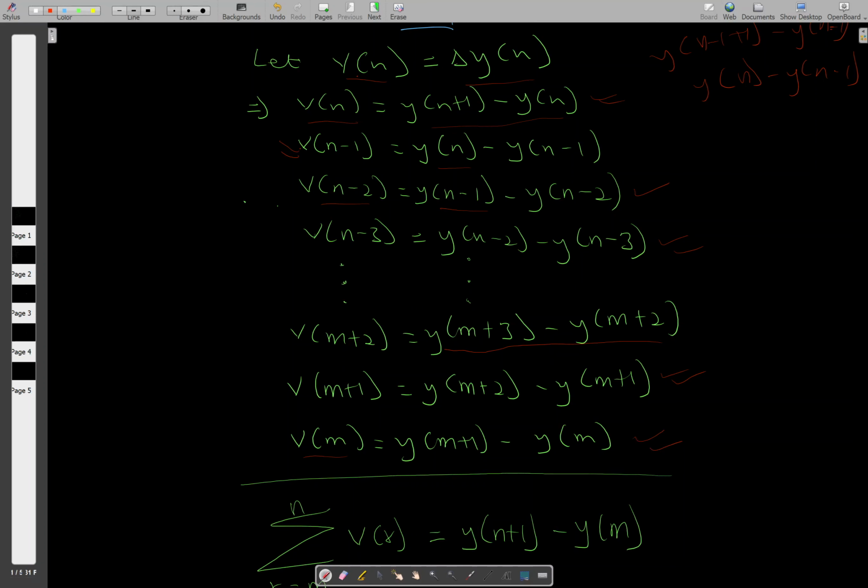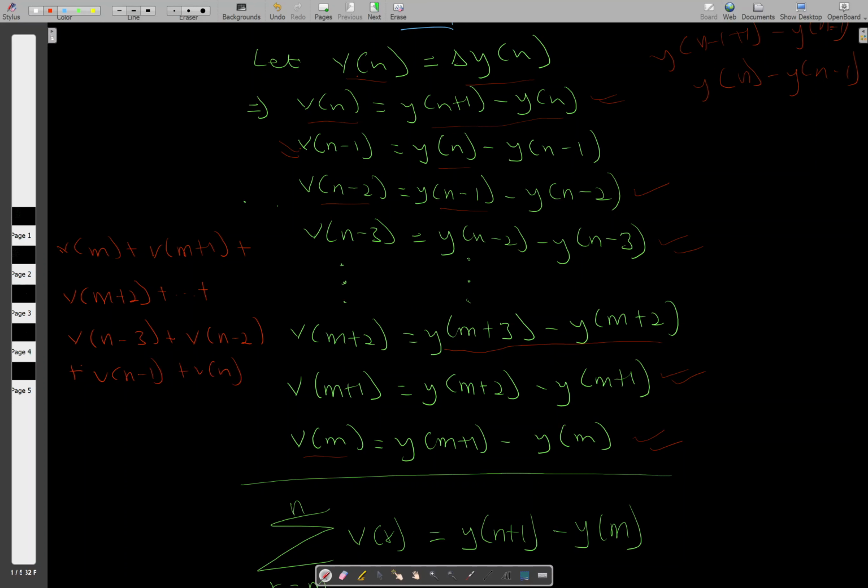Okay, so now let's try to simplify it. So we find the sum on both sides of the equal sign. Okay, so the sum is given by v of m, plus v of m plus 1 plus v of m plus 2, up to v of n minus 3 plus v of n minus 2 plus v of n minus 1 plus v of n.